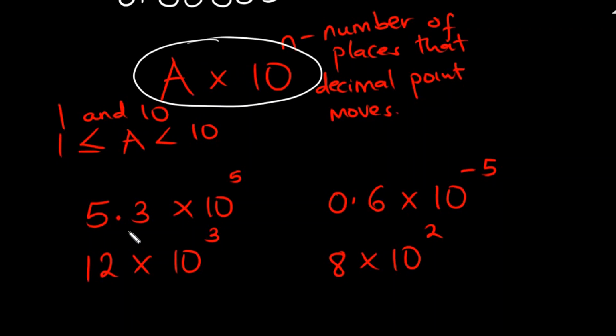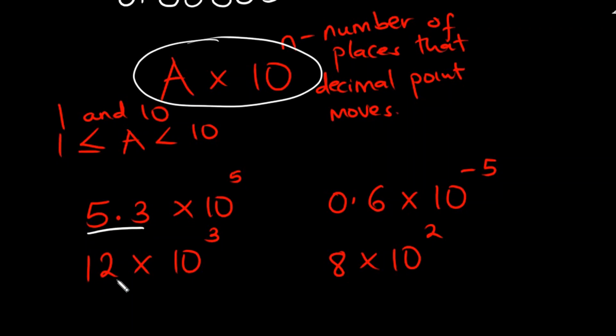So let's start with the first one. 5.3 times 10 to the power of 5. That one is in standard form. How do we know that it's in standard form? Because this first number lies between 1 and 10. We've said the first number should always lie between 1 and 10.